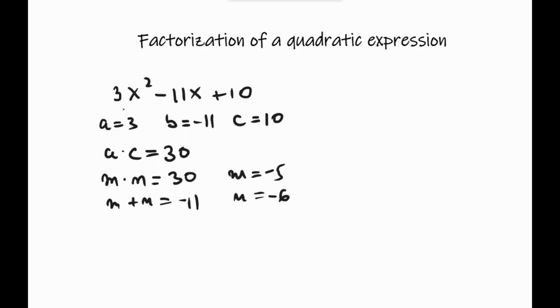Because A is 3, we can split minus 11x into minus 6x minus 5x plus 10. I put minus 6 first to see that we can make here common factor 3 times x.